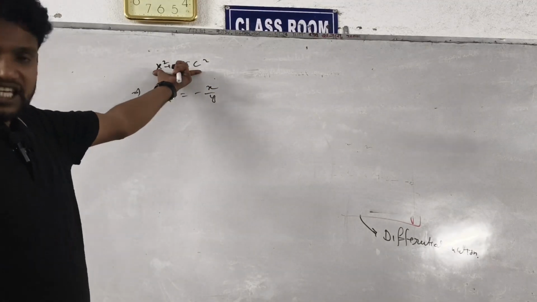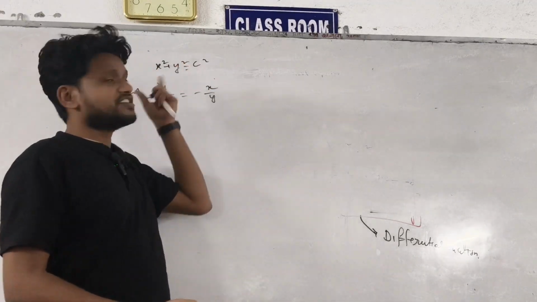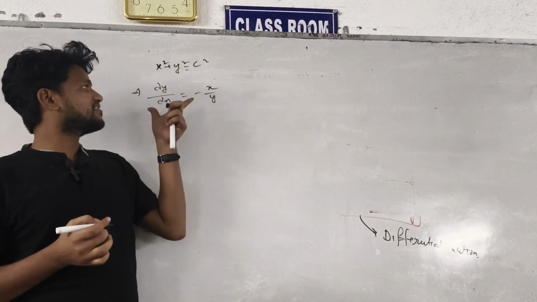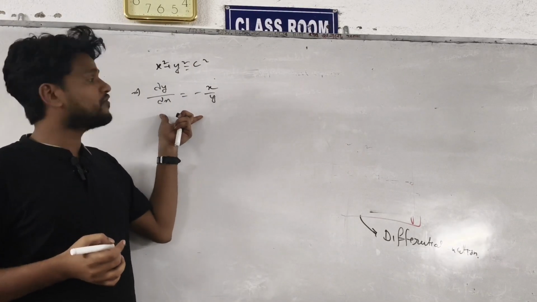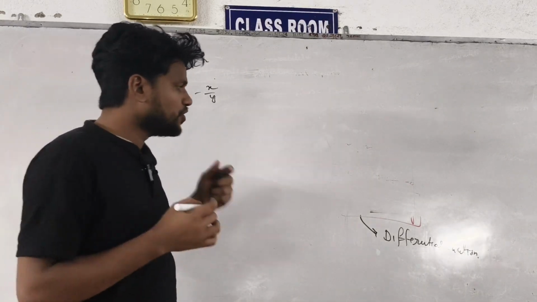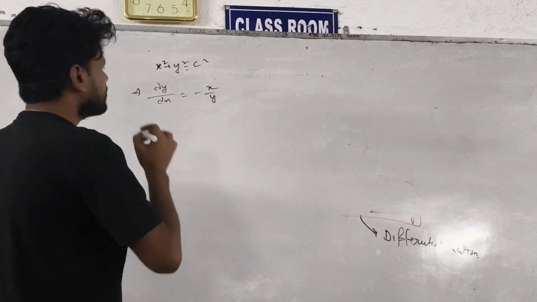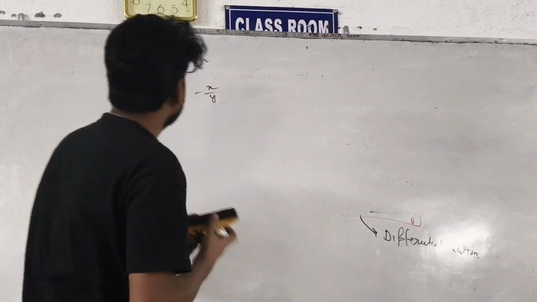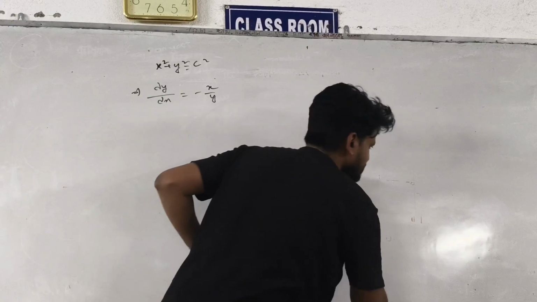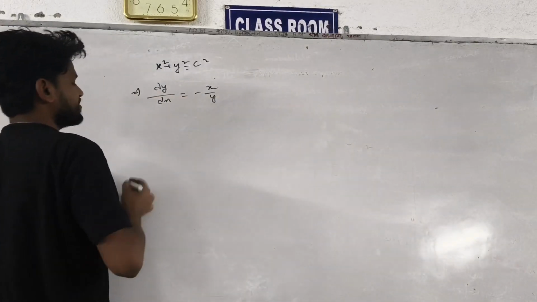So this is the Cartesian form of circles, and this is the differential form of circles. So there are two. At first, I want to discuss the definitions of differential equations.